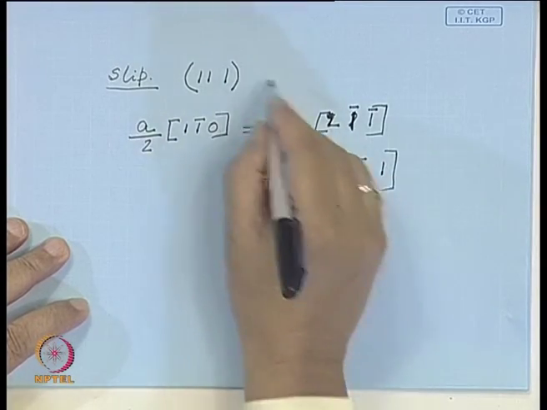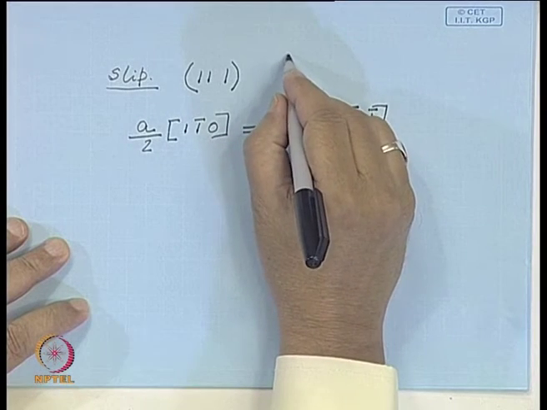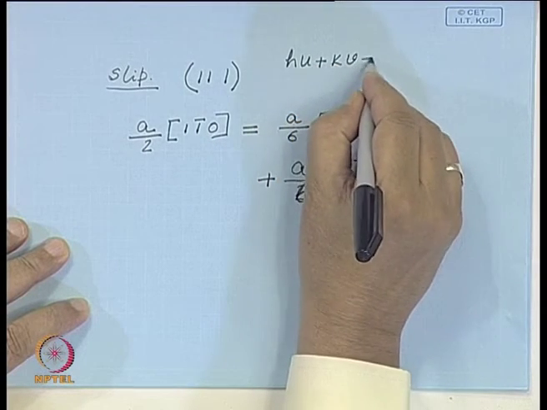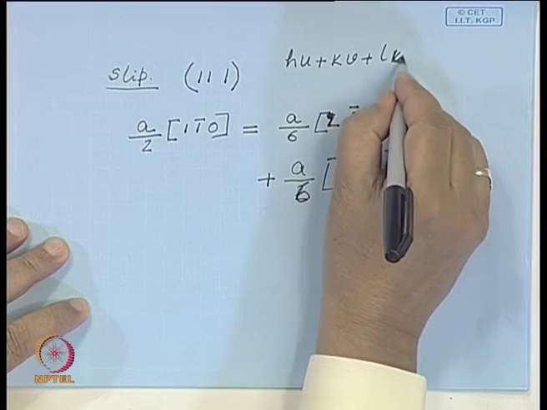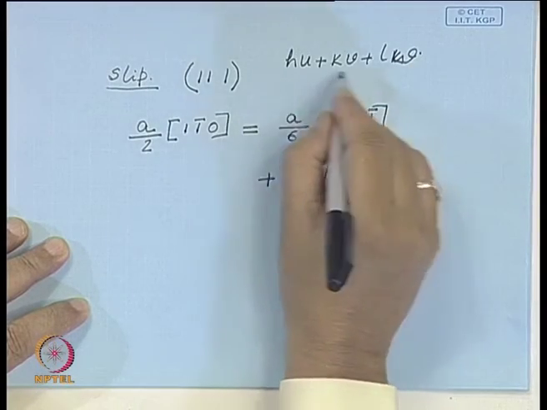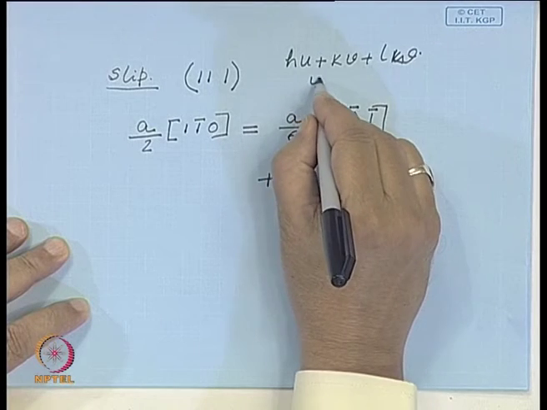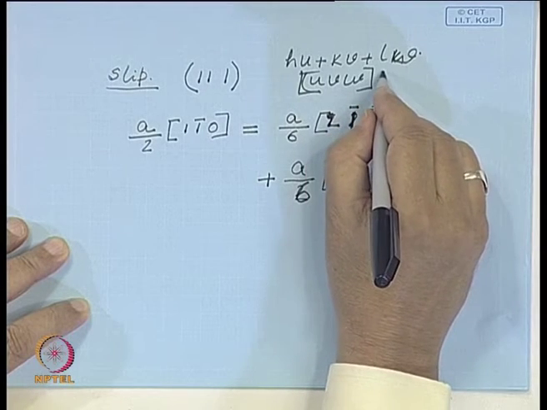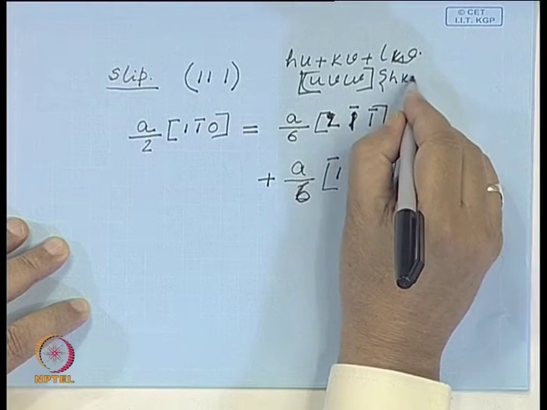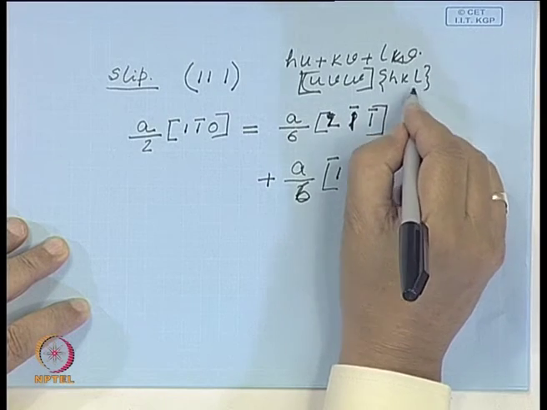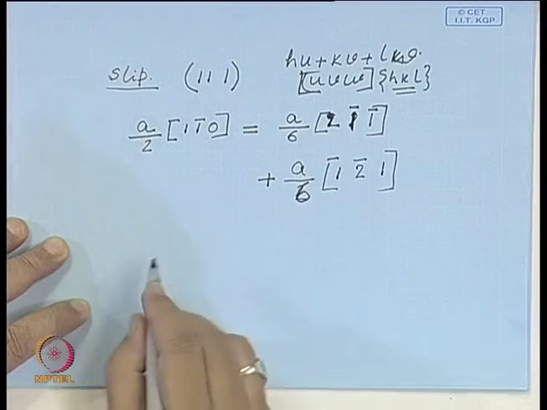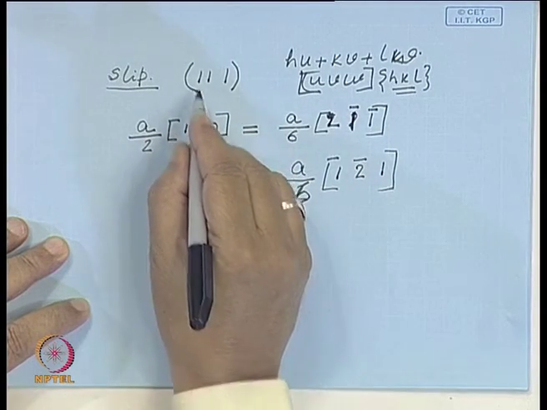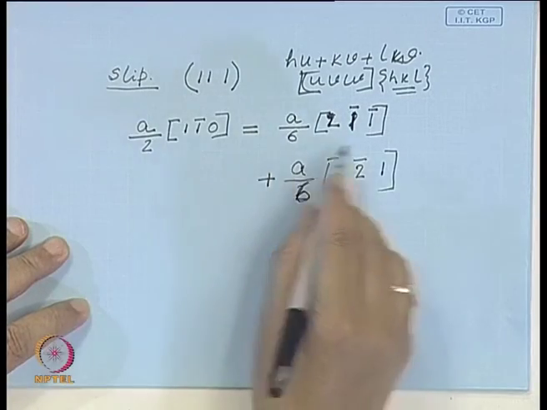You must check using this relationship, hu plus kv plus lw, where uvw represents the direction and hkl represents the plane. You check that this must lie on this plane, and this also lies on it. Now, is this reaction possible?